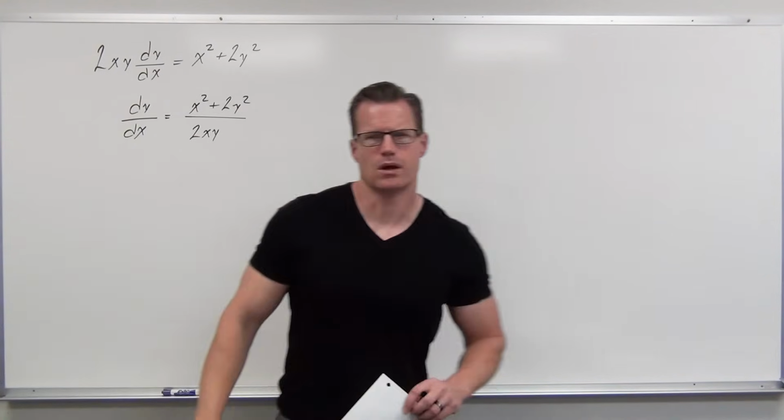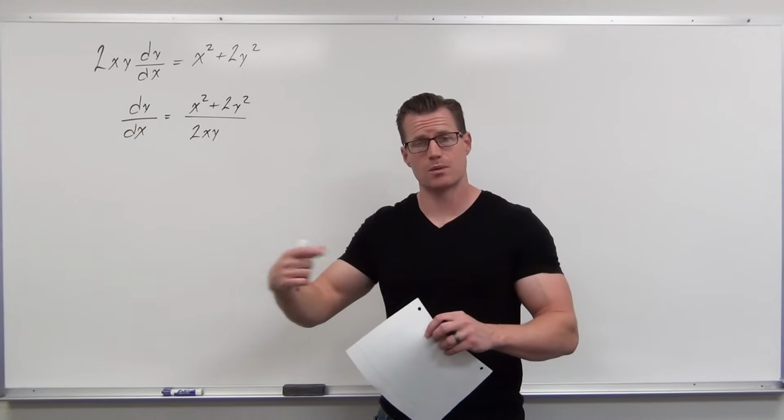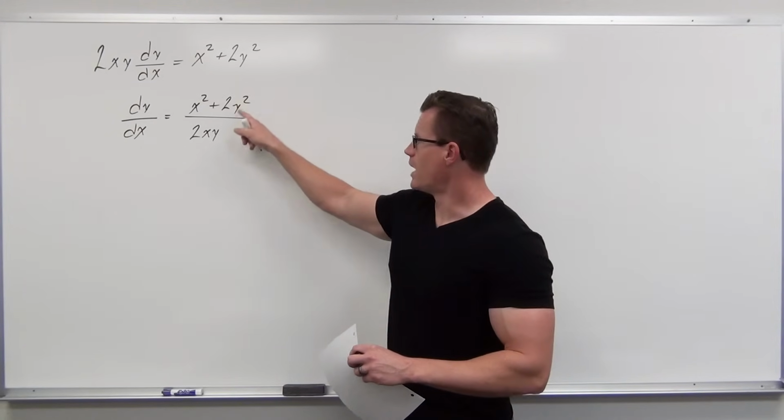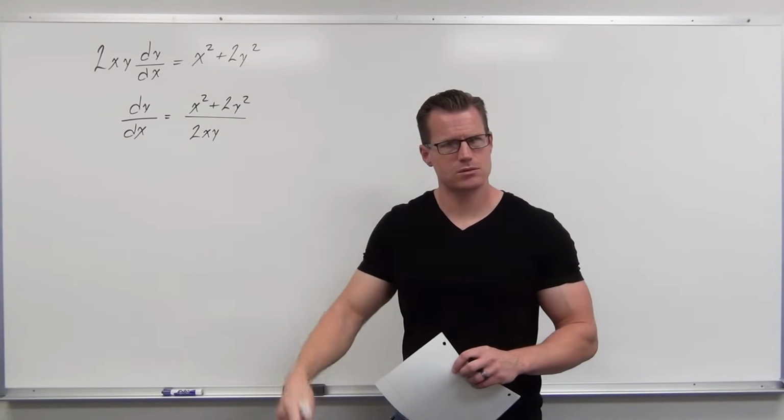That doesn't look all that great. Maybe what we do is we split this up into 2 different fractions. Well, because remember what we're trying to do. We're trying to get y over x and y over x. This one's going to be a little funky, but maybe we can change it a little bit.